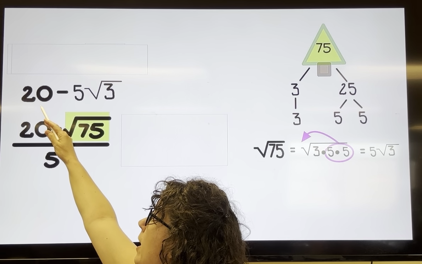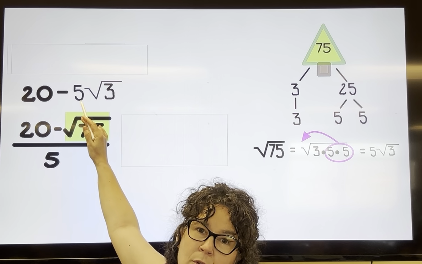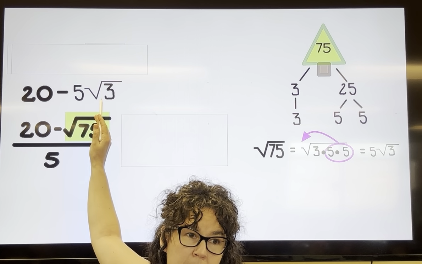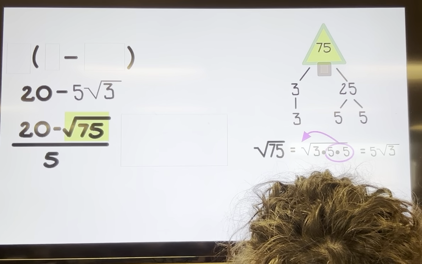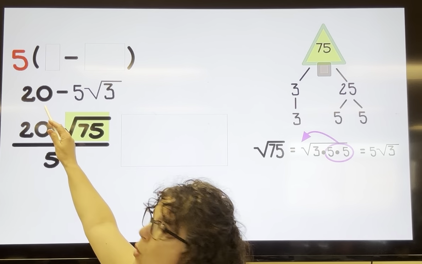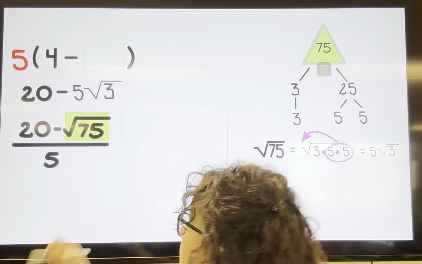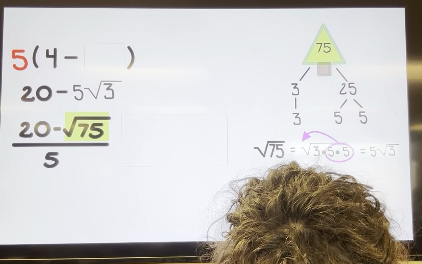So looking at 20, which is 4 times 5, and 5 root 3, which is 5 times root 3, they both have a 5 in common. So I'm going to factor out a 5, and if I take a 5 out of 20, 20 divided by 5 is 4, and I take a 5 out of 5 root 3, I have left root 3.